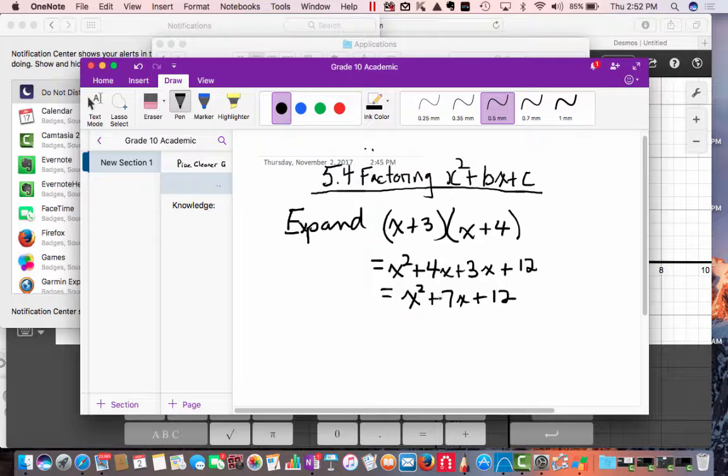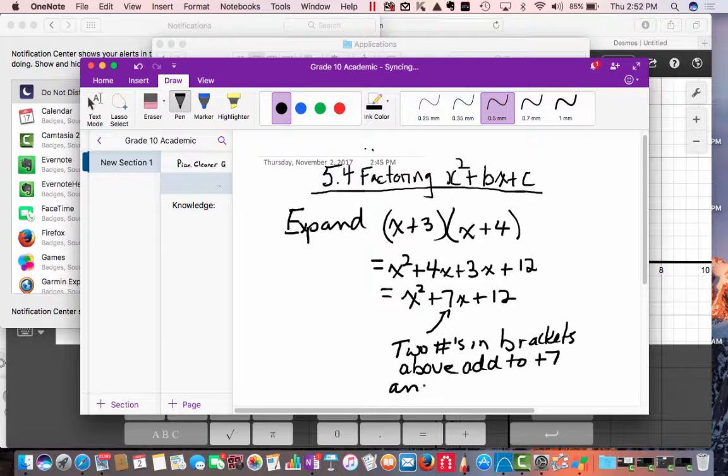What you should notice is the two numbers in the brackets above add to positive 7, and the two numbers multiply to the last number. They multiply to 12.